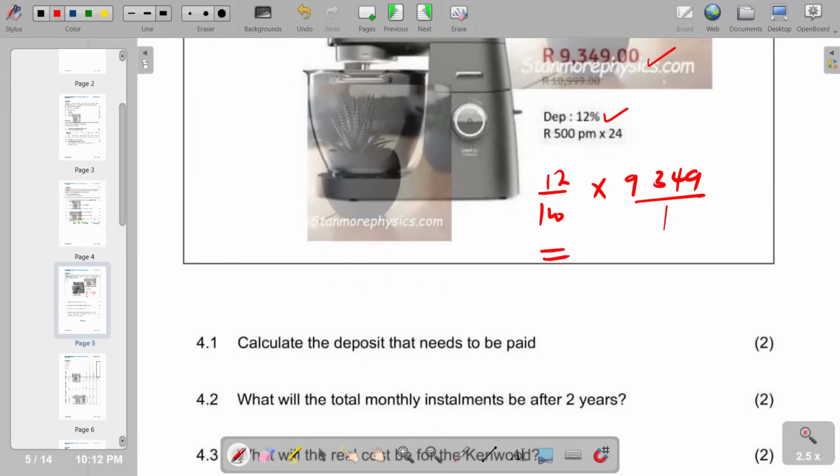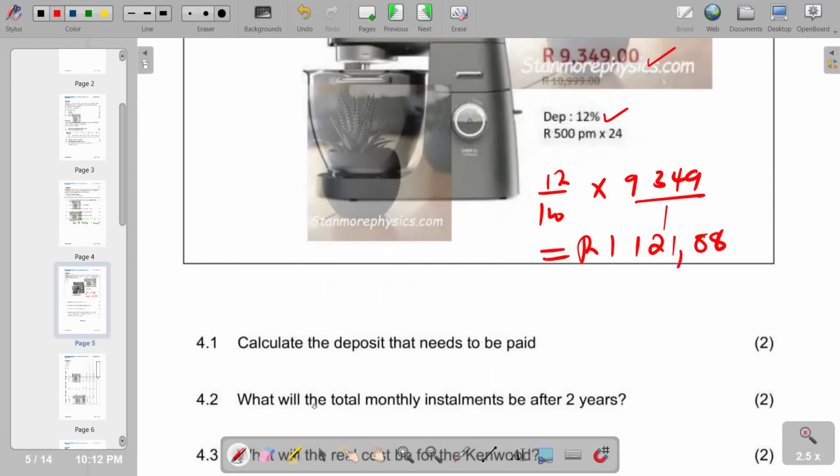If you calculate, we see that the answer we're going to get is 1,121 rands 88 cents. So this becomes your deposit amount, and then we go to 4.2.